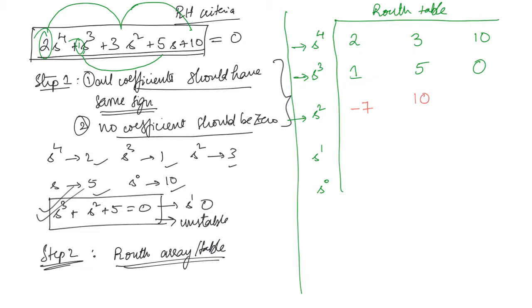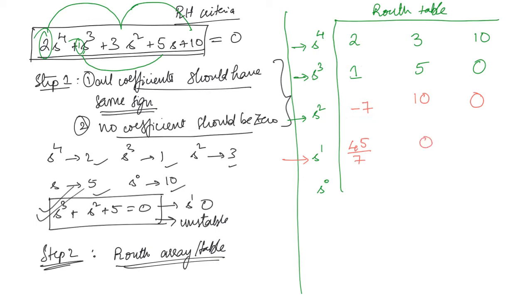Once you get the third row, then you will repeat the same procedure for the fourth row. So minus 7 into 5 minus 1 into 10 divided by minus 7. So this you will get 45 by 7. So in the third column we can put 0. Now minus 7 into 0 minus 1 into 0 divided by minus 7, you will simply get 0.